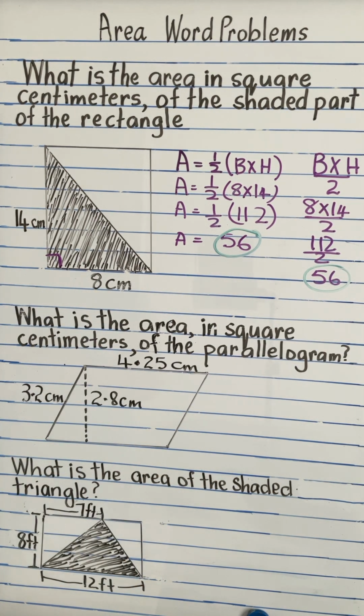So the area of the shaded part is 56 centimeters squared, or square centimeters.